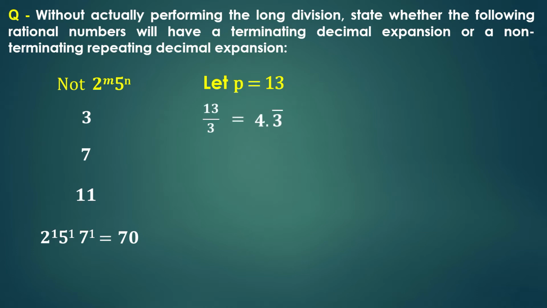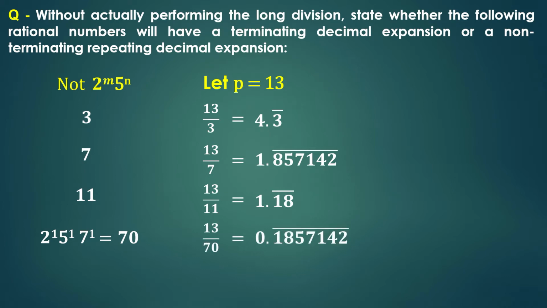13 by 3 gives 4.3, which is a non-terminating repeating decimal. 13 by 7 gives 1.857142, which is again a non-terminating repeating decimal. 13 by 11 gives 1.18, which is again a non-terminating repeating decimal.